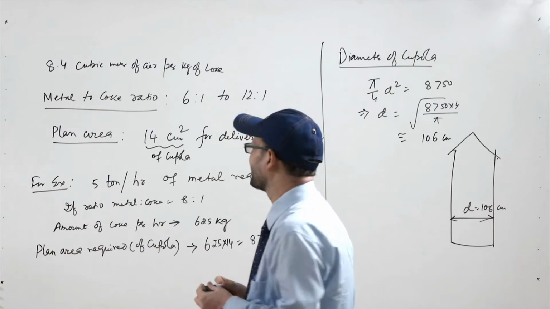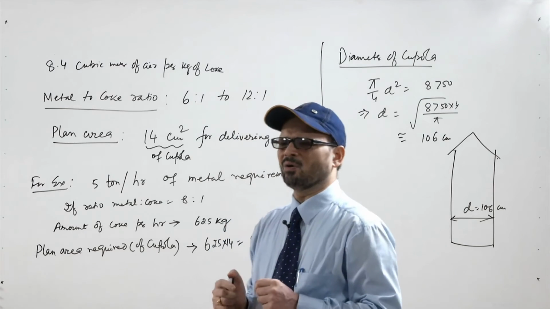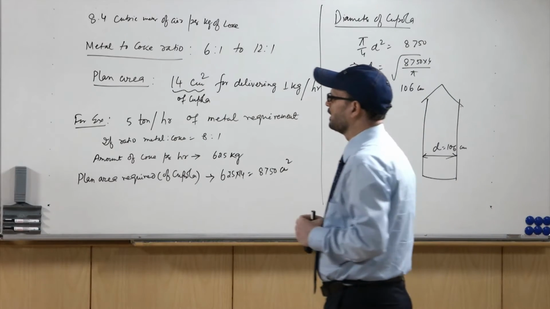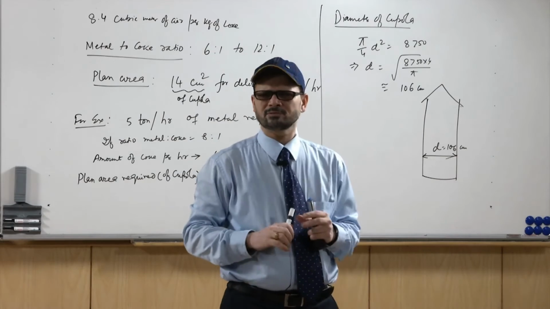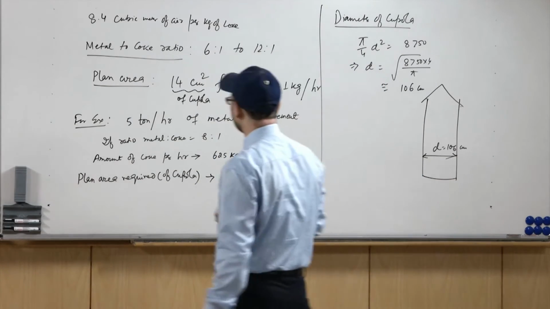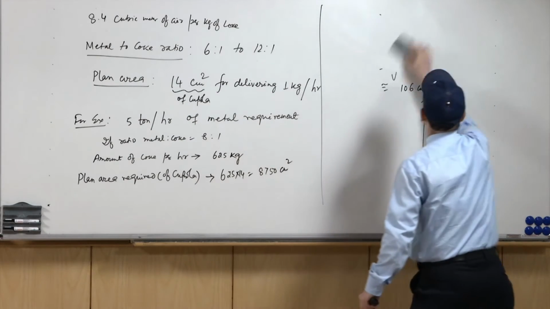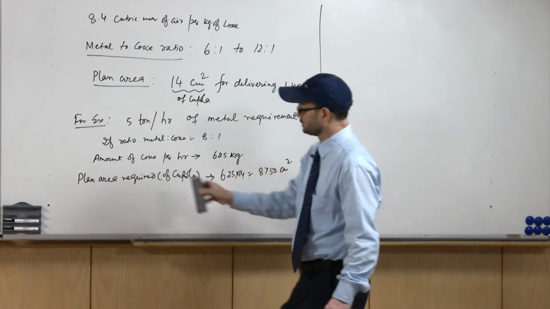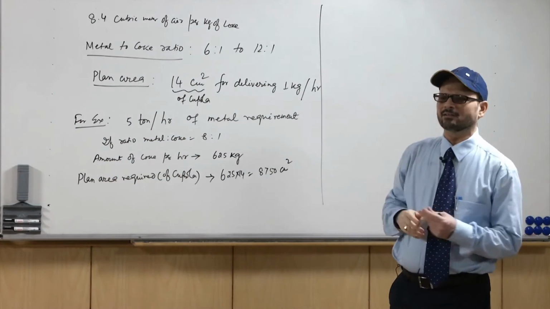Loss and gain of alloying elements during melting. Now, during the operation of cupola melting, there is loss or gain of many alloying elements. Among these alloying elements, normally we have carbon, silicon, manganese, sulfur and phosphorus, and then the rest is iron.